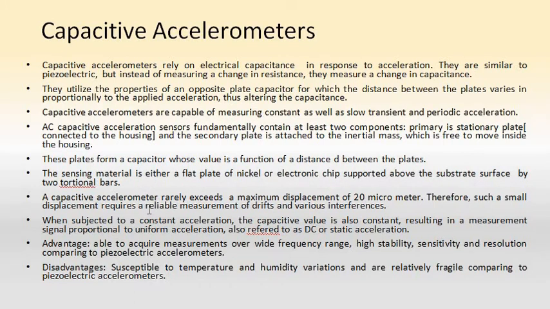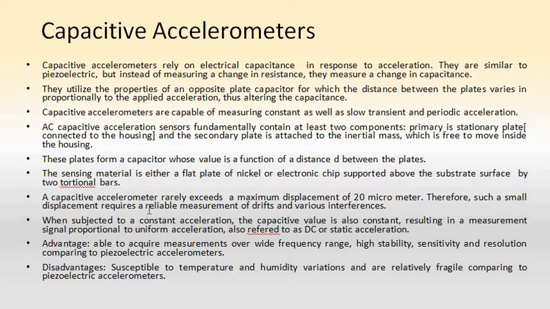The capacitive accelerometer will rarely exceed a maximum displacement of 20 micrometers, that is the distance between two plates. Therefore, such a small displacement will require reliable measurement of drift and various interferences. That is, a small vibration like measurement can only be done with this capacitive accelerometer.